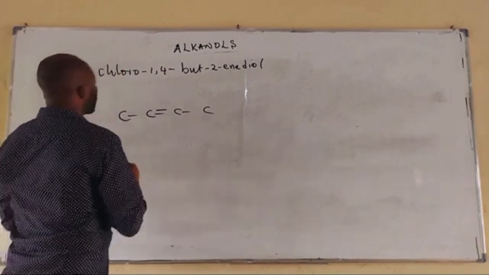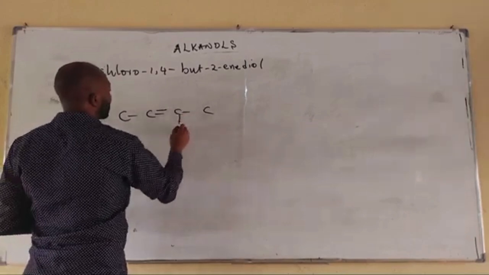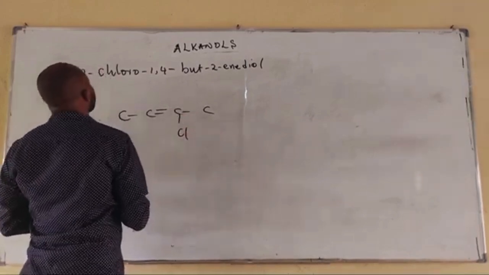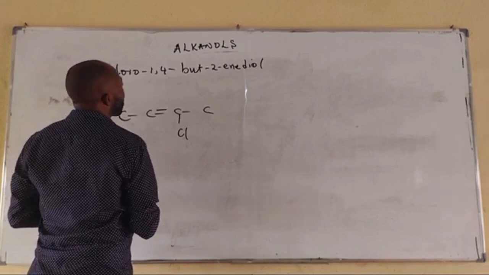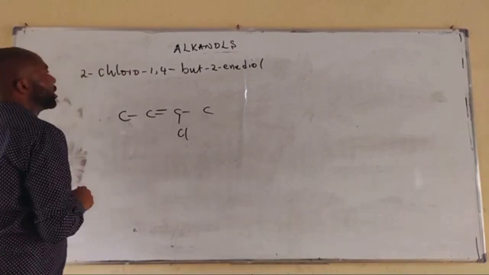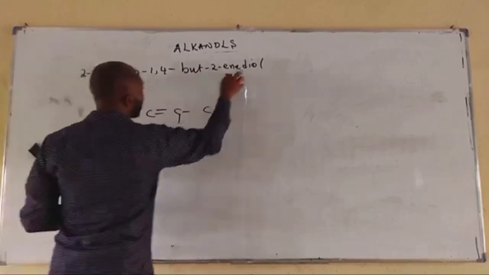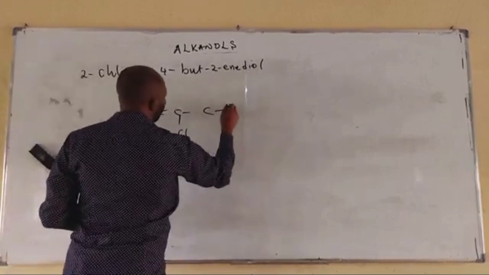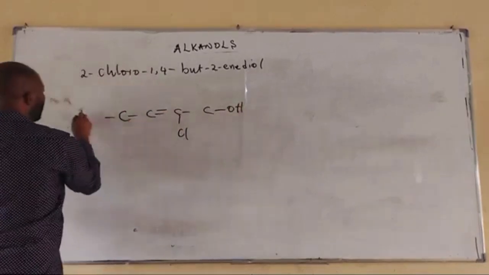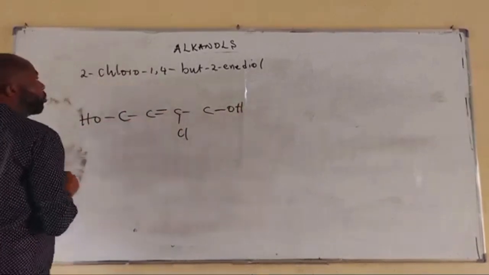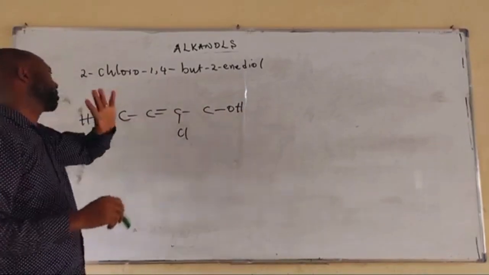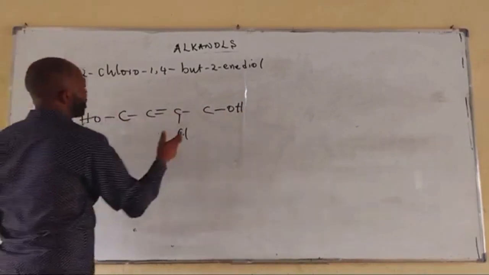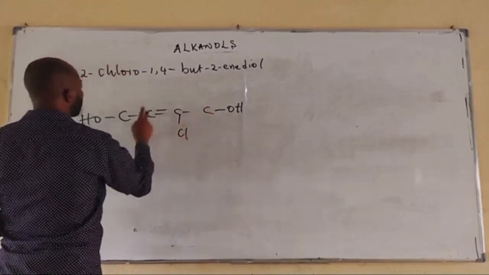Now 2-chloro, this is my chlorine. 1,4. The 1,4 is the OH group because it's diol. Put 2-ene diol. That is it. So now let's name it. 1, 2, 3, 4.